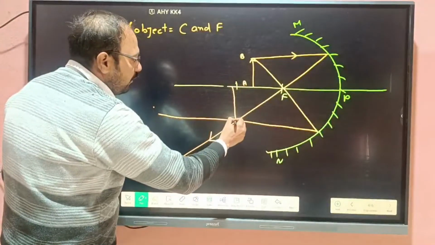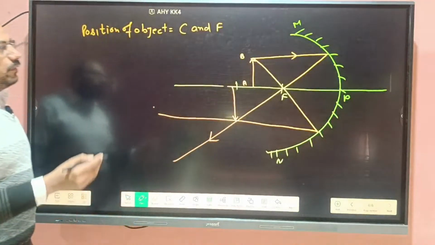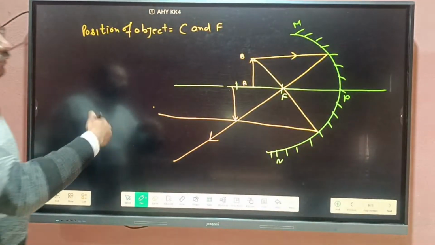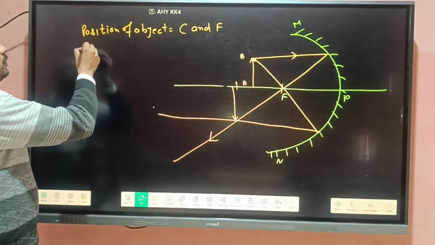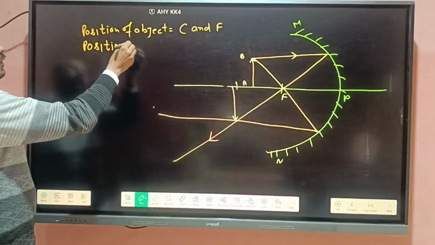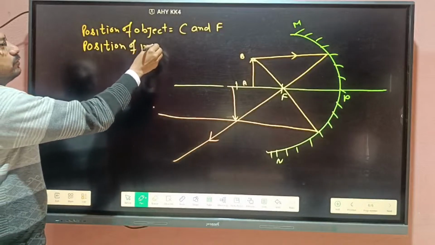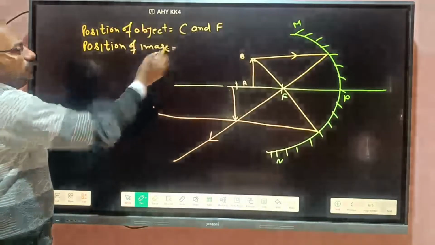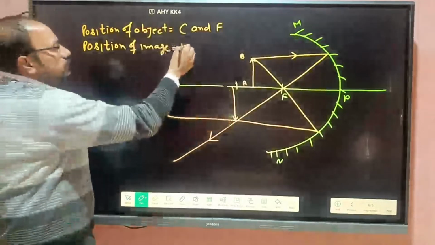Beyond C. So the position of the image is beyond C.